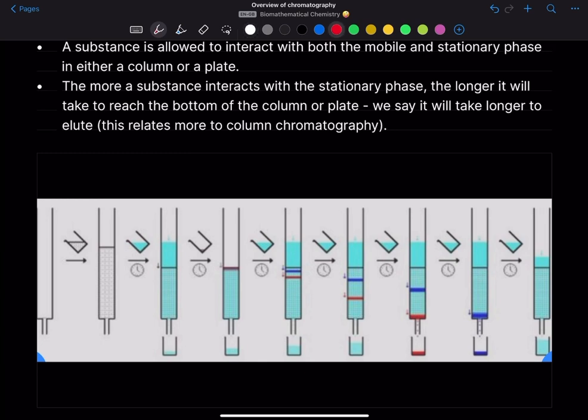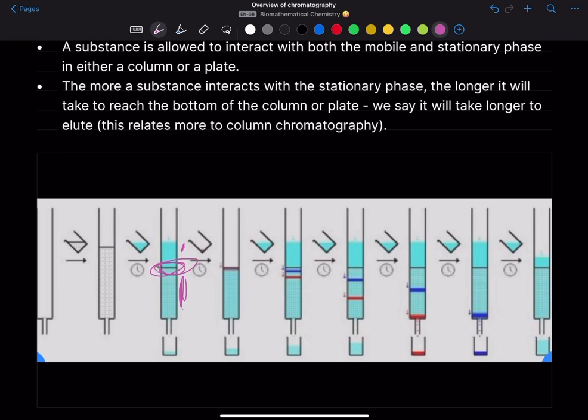This is our sample here, the solvent, the stationary phase. This is a mixture, and it has multiple different compounds within it, and it gets separated.